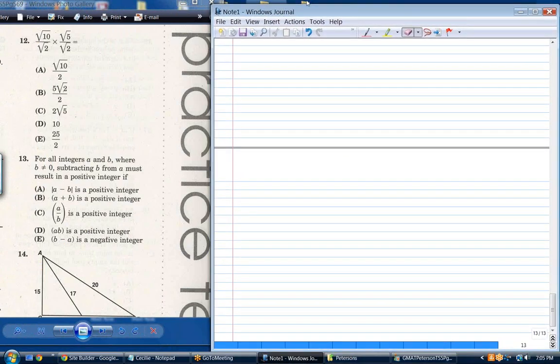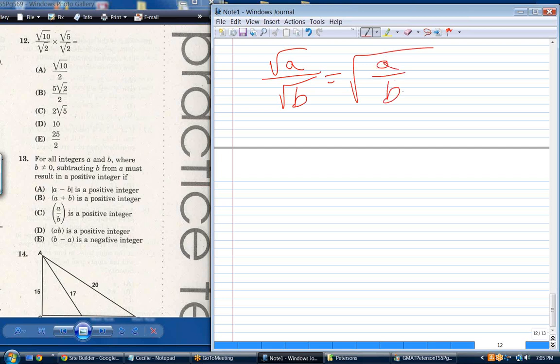Oh, these are easy. You just got to know what to do. Let me give you the principle. Here's the principle. Yeah, I know that part. Multiply numerators, multiply denominators.